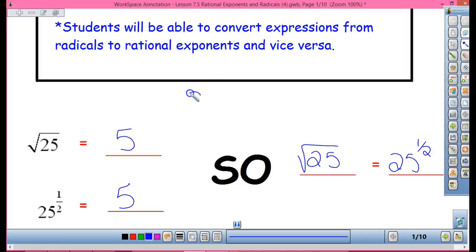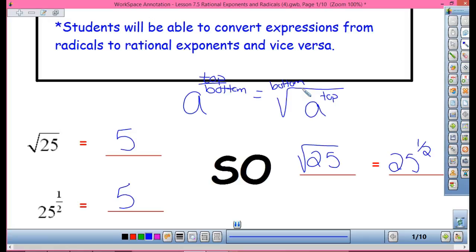Our formula looks like A to the top over bottom equals, the radical form is going to be A to the top, bottom. Okay, so we're talking fraction form.